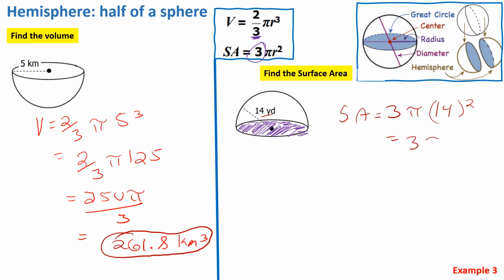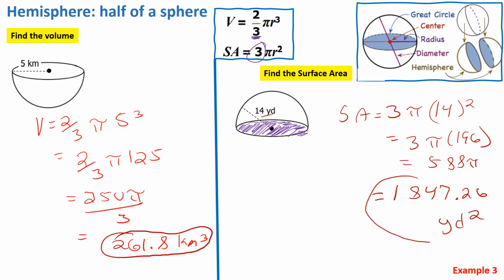So 3 pi times 196. That's 588 pi, and that leaves me with 1,847.26 yards squared. So we have found the surface area and volume of these hemispheres.